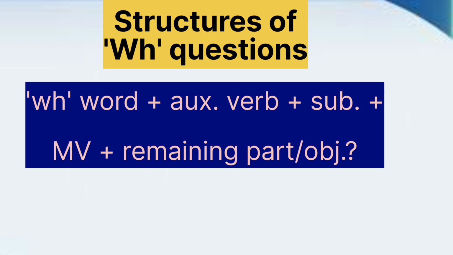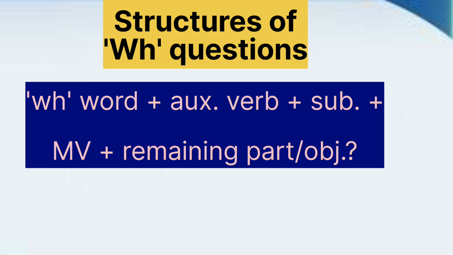Here, in the case of an auxiliary verb, we can use to be forms like am, is, are, was, were, shall, will. To do forms like do, does, did. To have forms like have, has, had, and modal verbs like can, may, could, would, might.